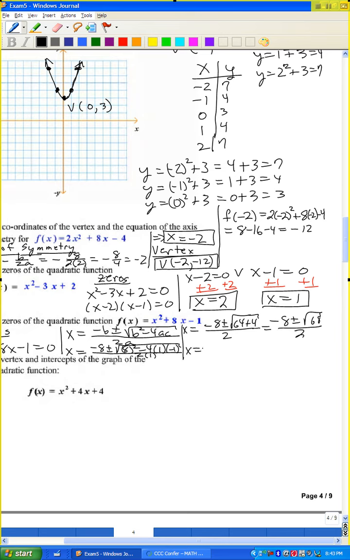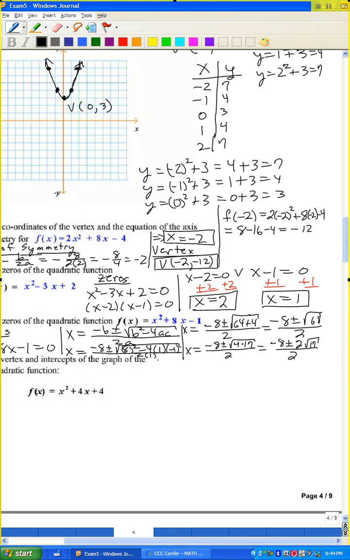So I can write 68 as 4 times 17. So I can write this as negative 8 plus or minus 2 rad 17 over 2.